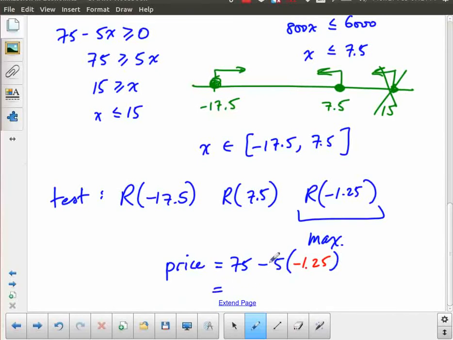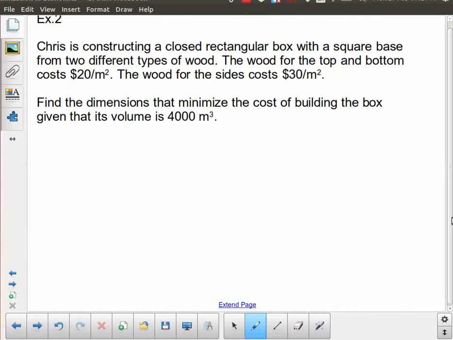I'm just kind of curious. 5 times 1.25 plus 75, 81.25 is the recommended ticket price. Now, as you can see there, even with skipping a couple of steps, that still took quite a bit of time. So, on to exercise number 2.